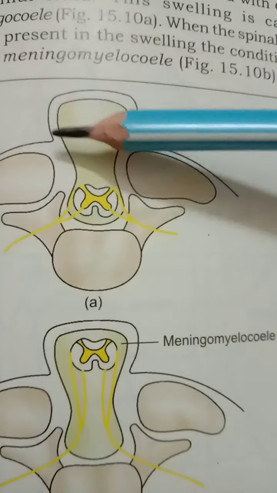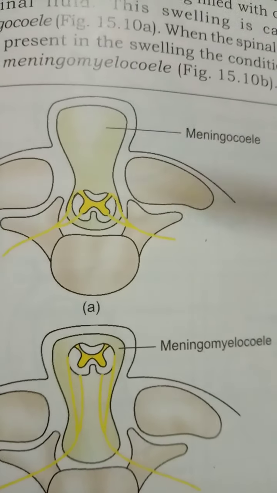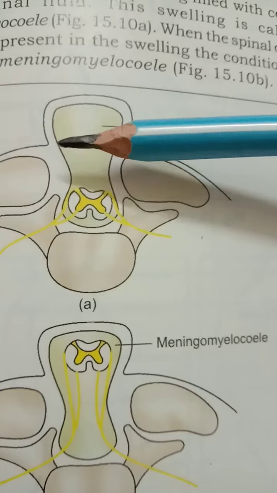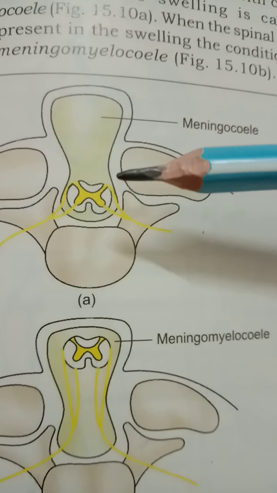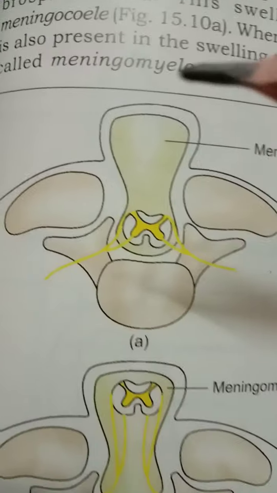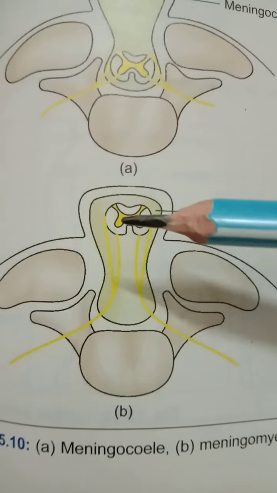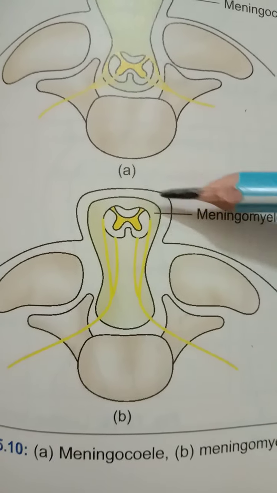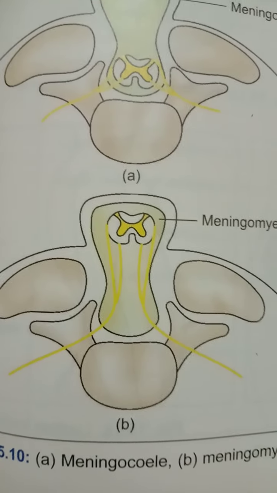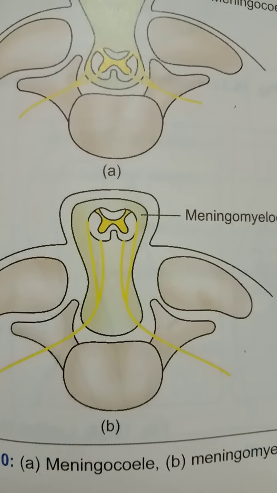This swelling is called the meningocele. When the spinal cord is also present in the swelling, this condition is called the meningomyelocele. Here in this condition the spinal cord also protrudes out. So that is called the meningomyelocele.